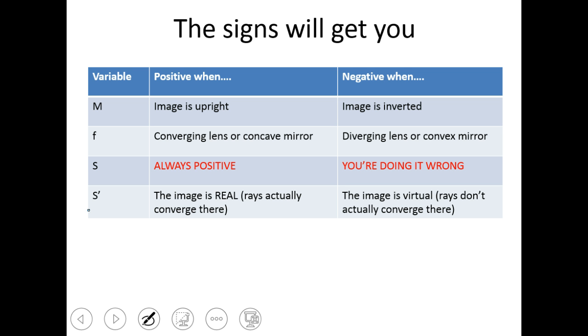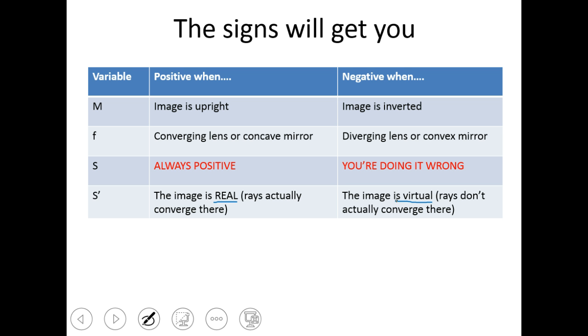And so just to kind of recap, a real image is one that the rays actually go through. And so it's none of that tracing back business that we did. This is where the rays actually go through that point and they actually meet there. An image is virtual if the rays don't actually converge there.